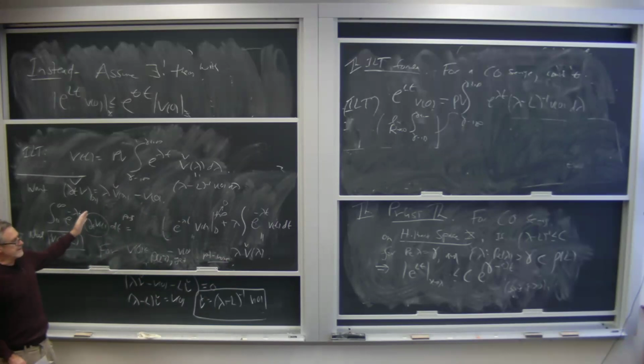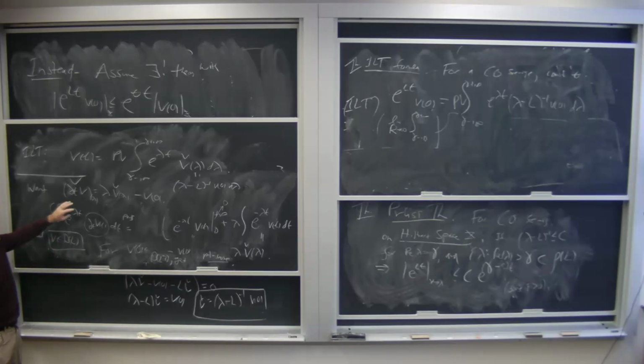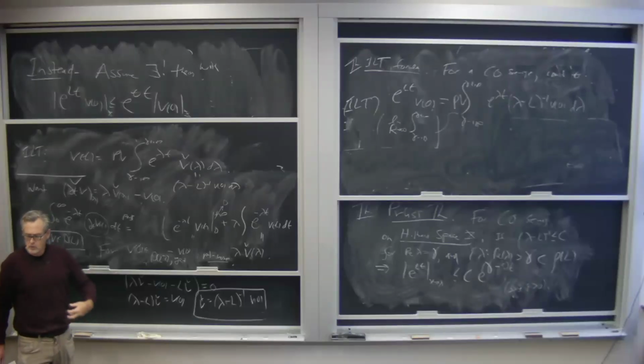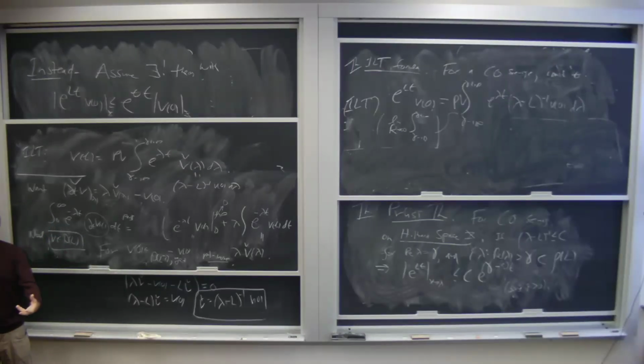So far we've verified this only at the L2 level. Why L2? Just because I've cited Fourier transform theory to get this. So I have something that's in L1 intersect L infinity. It's in all spaces, but I took the Fourier transform, basically, by taking the Laplace transform.